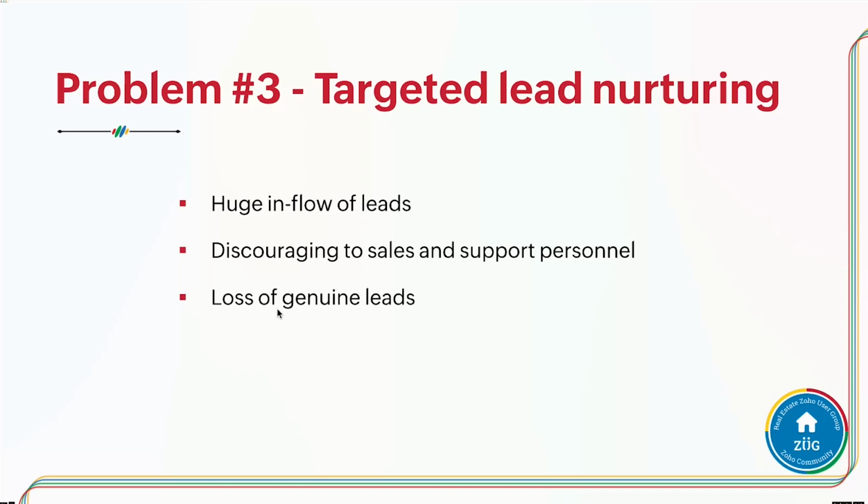When your sales and support personnel try to weed out the junk, it can get pretty discouraging. Even though there are a lot of good leads that come into the system, by the time you get to the 100th lead who is genuine, by the time you weed through the first 99 junk leads, that person might get fed up. Maybe nobody is responding to the contact me form, and they might take their business to a competitor, right? We definitely don't want that.